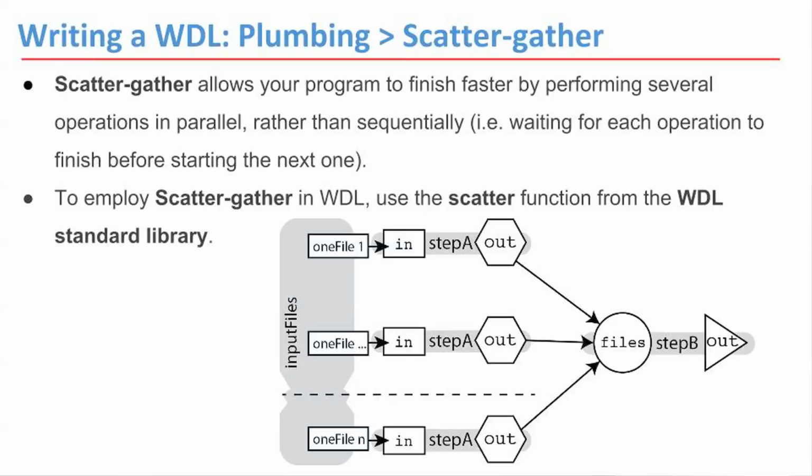Okay, now we're going to take a look at scatter gather. This one we will actually run. It allows you to take as input an array and run a function against all the elements in that array, or run that task multiple times against all the elements, and the results will automatically be written into an output array that has 1 element for each of these scattered elements.